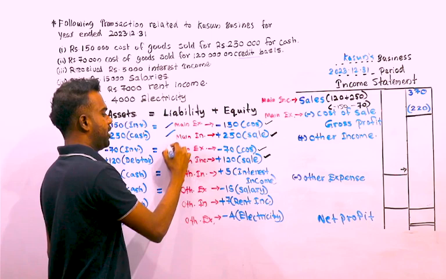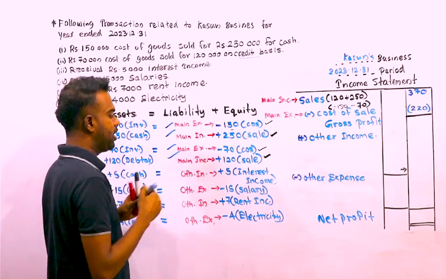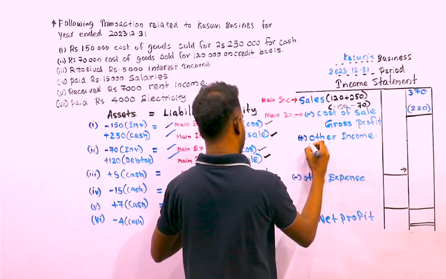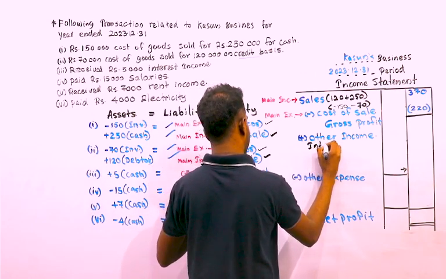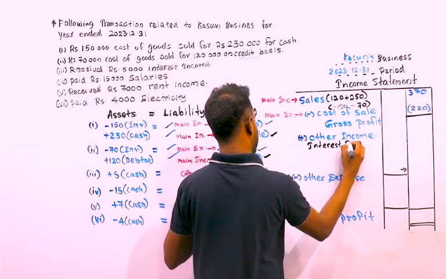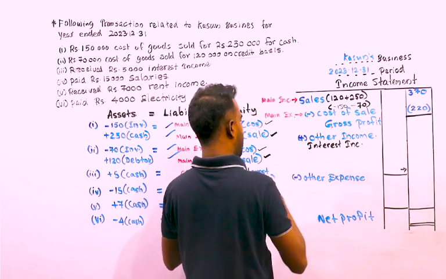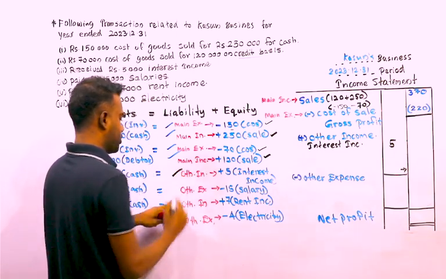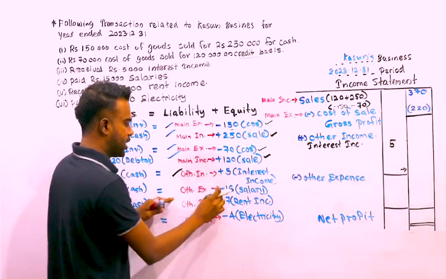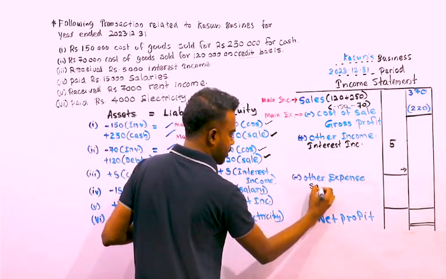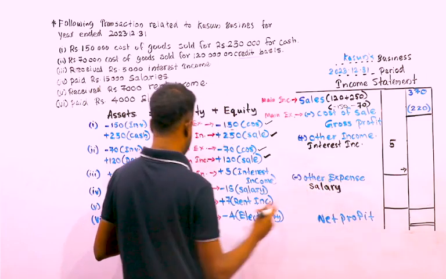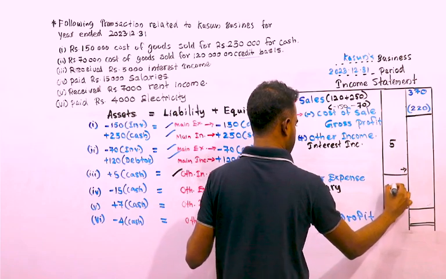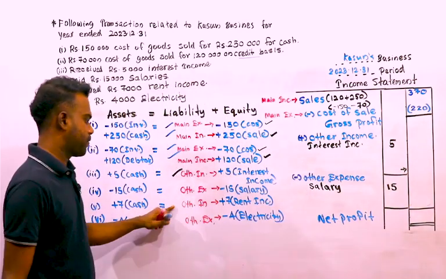Main incomes, main expenses. Now we write down other incomes. Other income, interest income, 5. Other expense, salaries, 50.